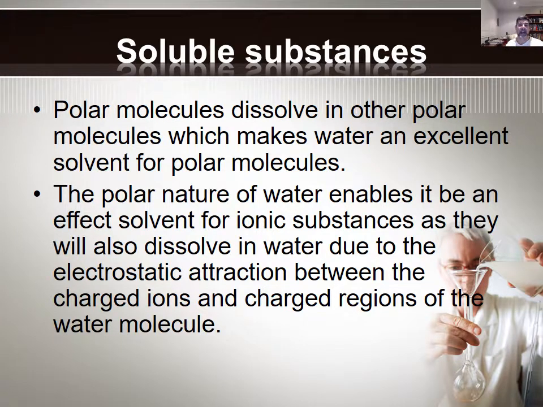So when we're looking at the like dissolves like rule, it's important that you remember that, but it's also important now that you can explain why that is the case, why substances will dissolve and why others will not. The key is that because we have a positive and a negative region in our water molecule, anything that is going to interact with that is going to dissolve in water.